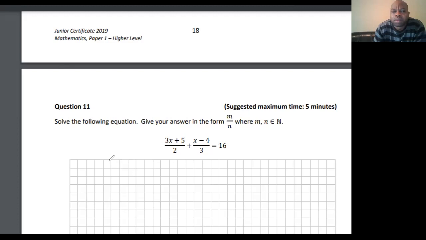There are other methods of solving these questions, but I think the best method would be to do this.